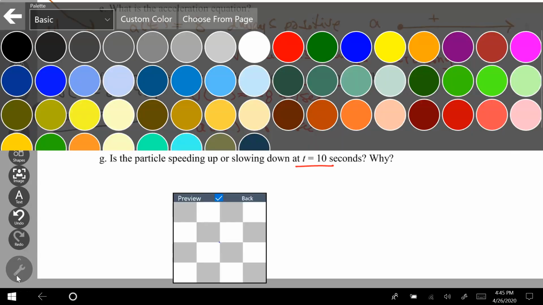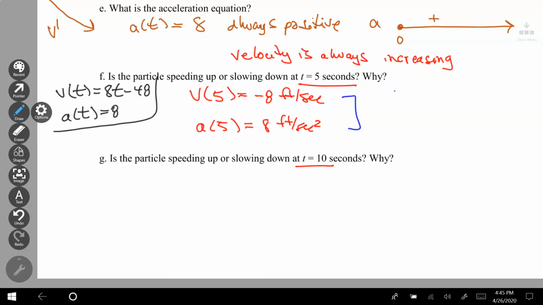And slowing down, since velocity is equal to a negative and a is equal to a positive, they are opposite of each other. So the velocity is getting less and less negative all the time.